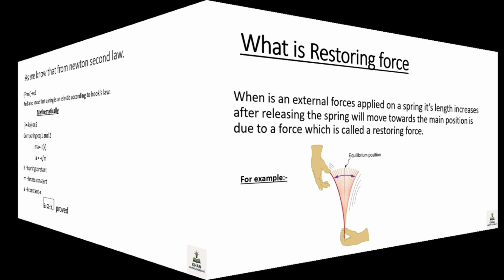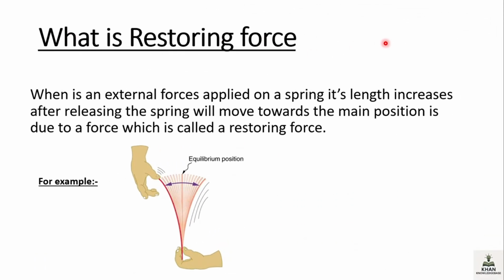Now, what is the restoring force? As we discussed in our earlier slides, when an external force is applied on a spring, its length increases. After releasing the spring, it will move towards the mean position due to a force which is called the restoring force. For example, when a metal rod is struck, it begins to vibrate.